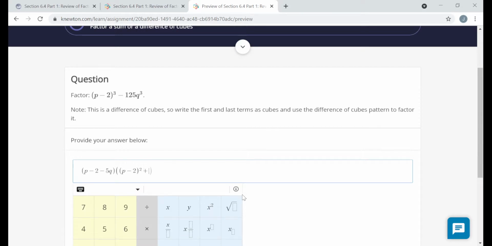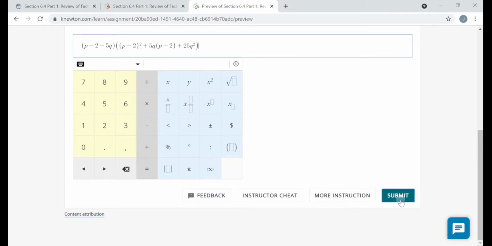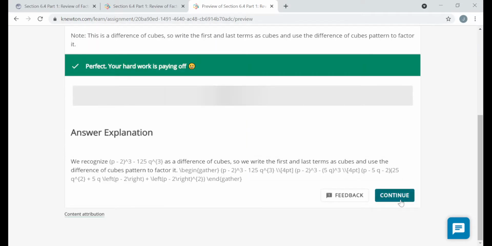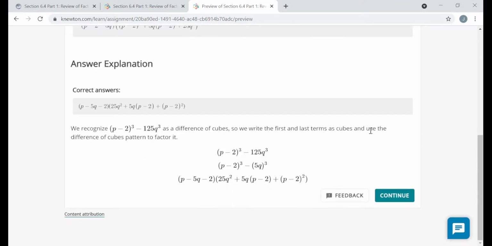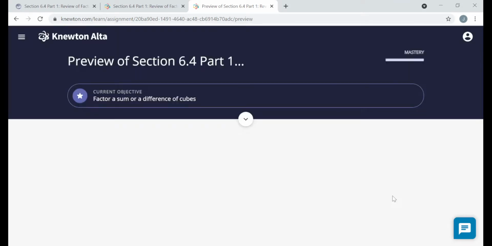Then plus 5q times the quantity p minus 2. And then plus 25q squared, close parentheses. All right, let's see, they should take this. This is also equivalent. Wonderful. All right, and that should be it for all 6 objectives in this now.